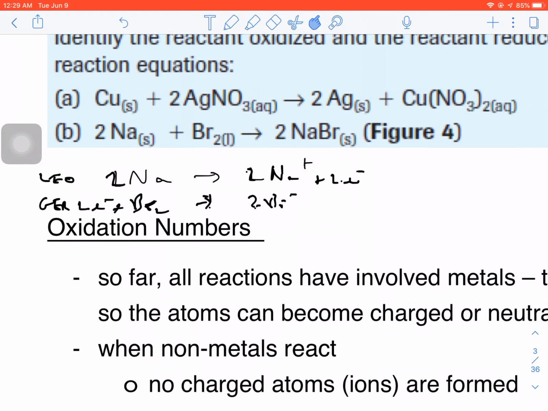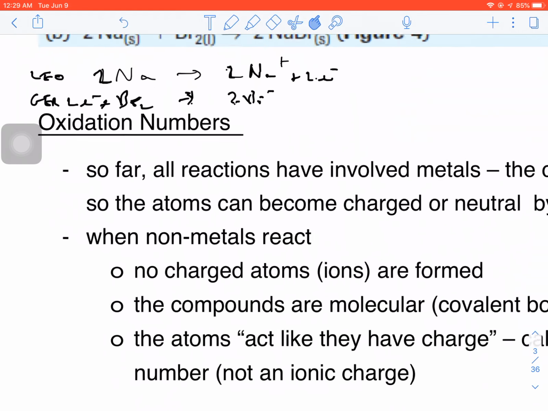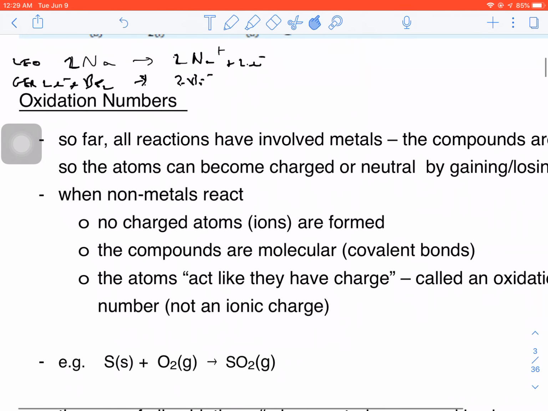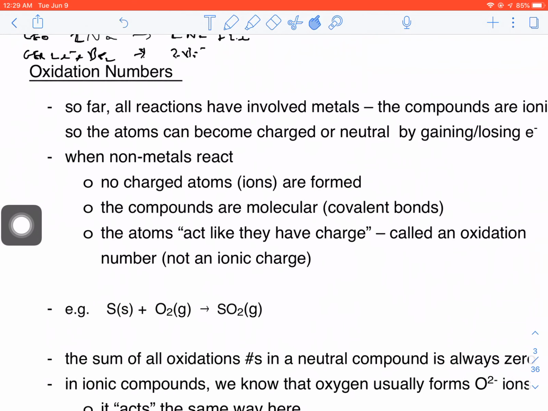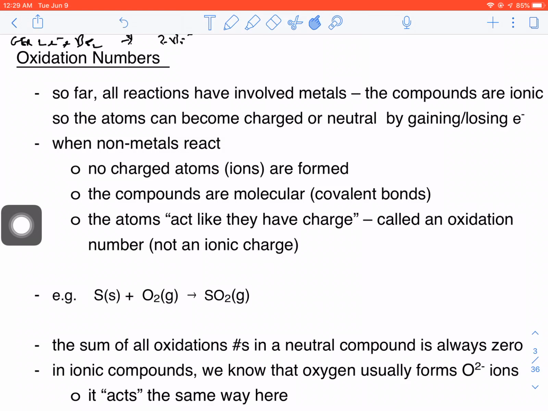Remember from earlier in the course, in the last unit, we talked about the concept of electronegativity. We said that when atoms are sharing electrons, especially non-metals, some have a higher attraction for electrons than others.